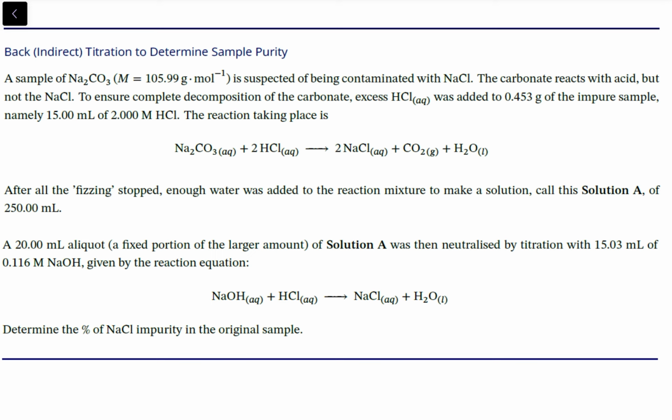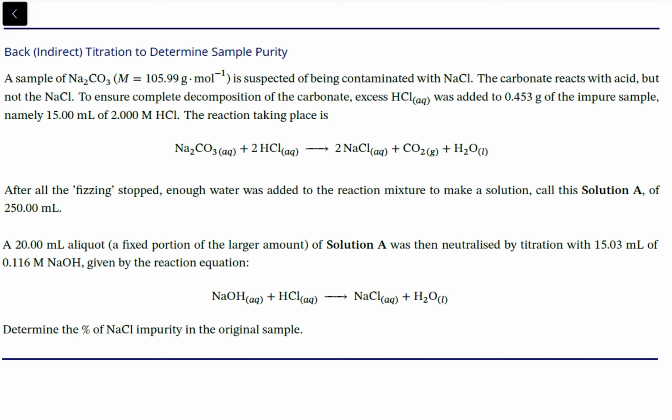We know the carbonate will react with acid, and of course the sodium chloride won't. So we can add some acid to the solution in excess and then back titrate that acid with base to know how much sodium carbonate was there in this solution initially.